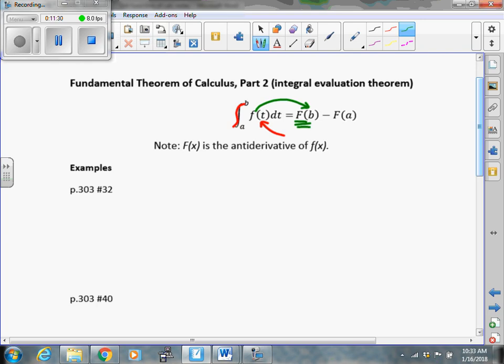I'm going to call it capital F, which means that the derivative of capital F has to be f of x. Again, because I want underneath the integral to be a derivative, which makes this the antiderivative value.